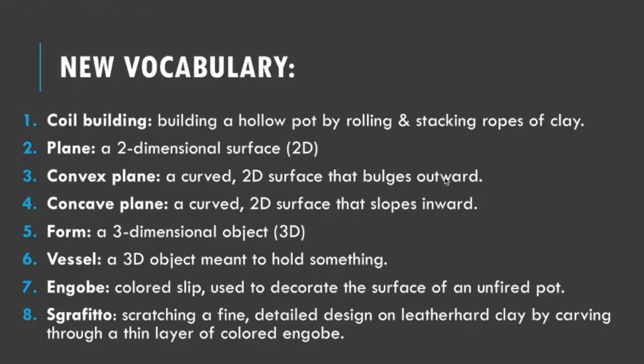And I like to compare it to scratchboard drawing. If you've ever done one of those drawings where the paper is black, and then you use a sharp tool to scratch through the blackness, and then you see rainbow or metallic or white wherever you've scratched, that's what sgraffito is. So we're going to be painting this thin layer of color over your pot, and then you can take a sharp tool like a toothpick and scratch through it. So you get these nice, fine, sharp, detailed designs, just like a scratchboard.